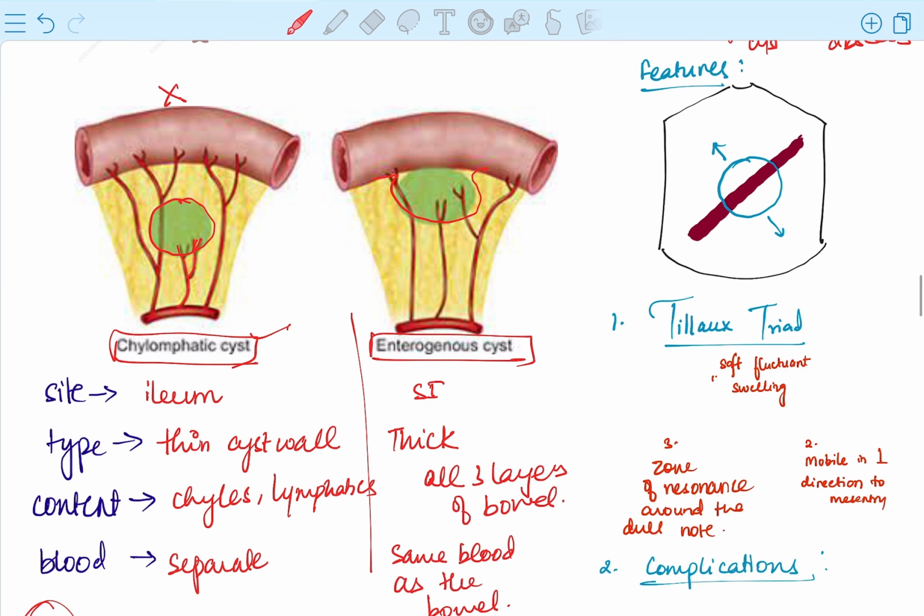How are you going to manage a chyle-lymphatic cyst? You're simply going to remove the cyst, enucleate it, right? Whereas when there is an enterogenous cyst, you have to resect the whole part of the bowel along with the blood supply and the cyst. This is how the management actually differs. So that is why you need to know these two importantly.